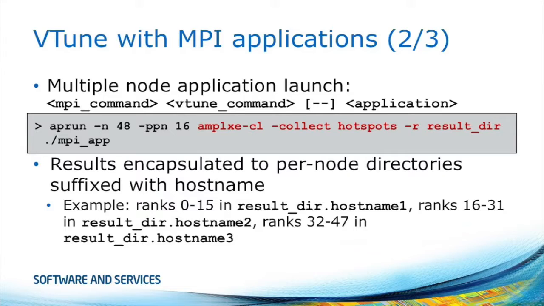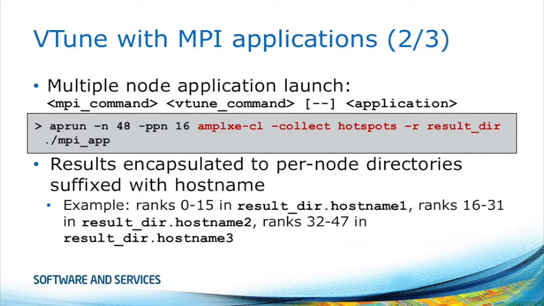The other thing that you can do is you can turn it around. Now I'm using mpirun just to show you something, but you can also do upprun or srun if you want. Okay? And then run 48 -ppn 16 amplxe-cl -collect hotspots -result-dir with the MPI app. That's now different.